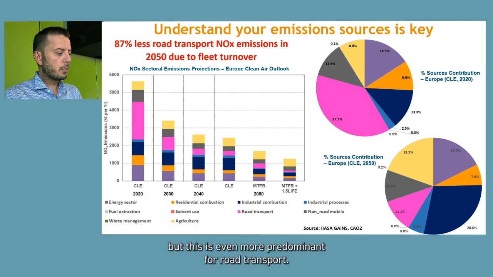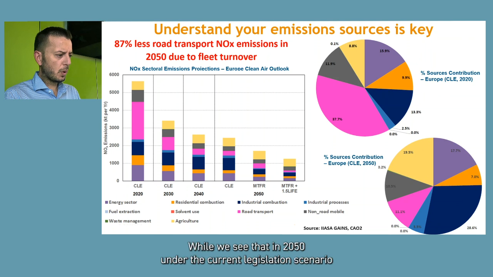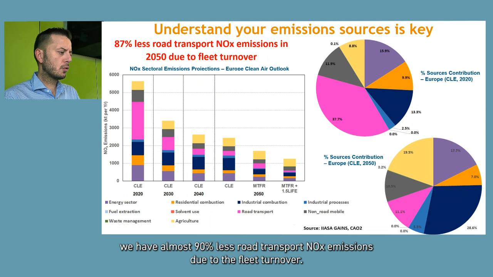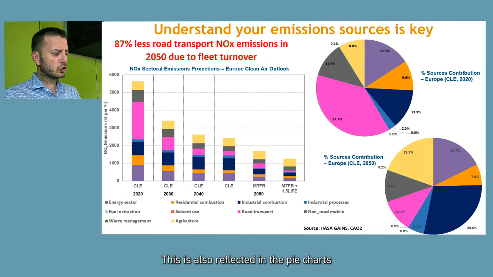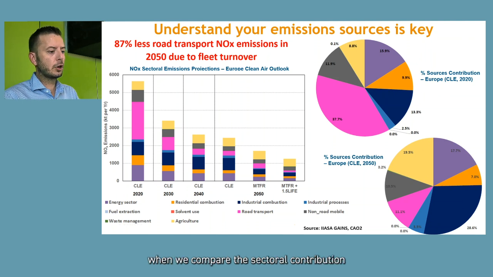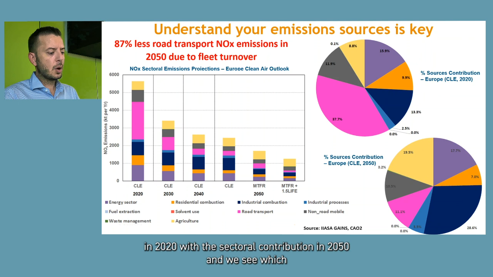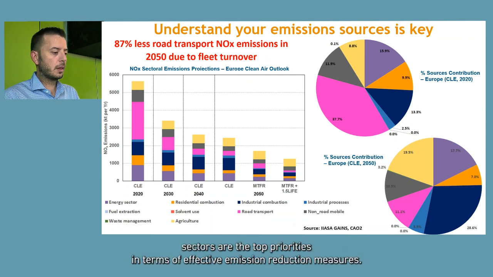But this is even more pronounced for road transport, while in 2050, under the current legislation scenario, we have almost 90% less road transport NOx emissions due to fleet turnover. This is also reflected in the pie charts when we compare the sectoral contribution in 2020 with that in 2050, and we see which sectors are the top priorities in terms of effective emission reduction measures.